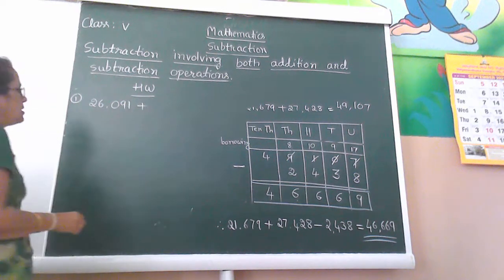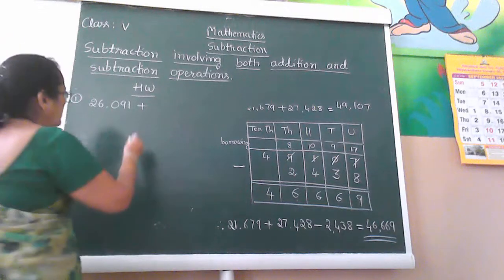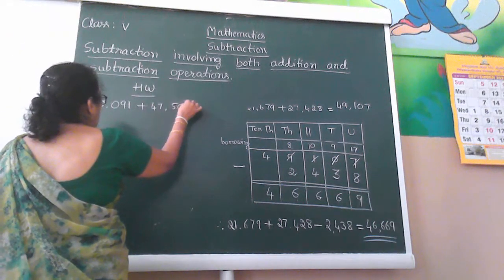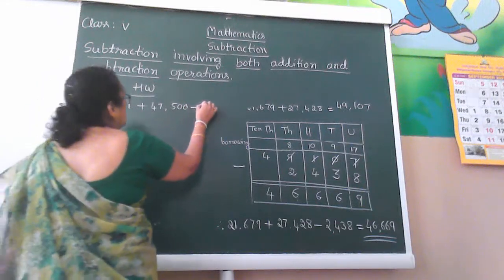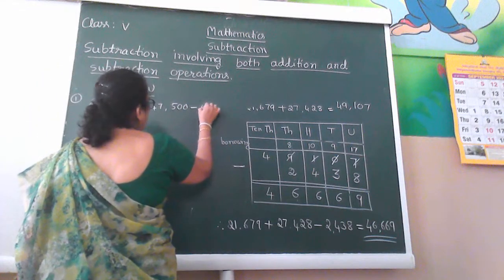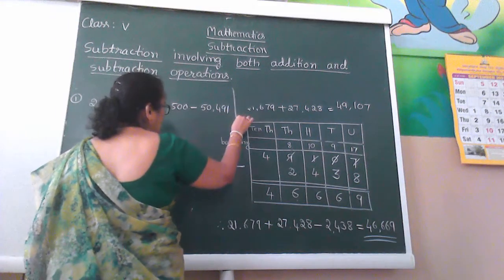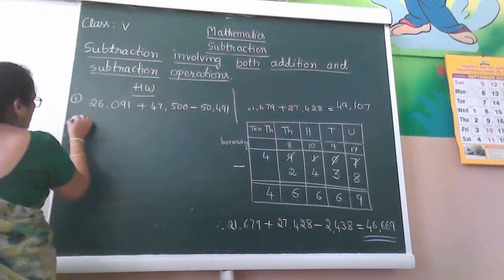See, first one is 26,091 plus 47,500 minus 15,491. Okay, first one. Next, second one.